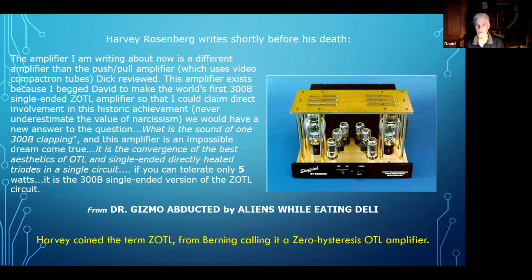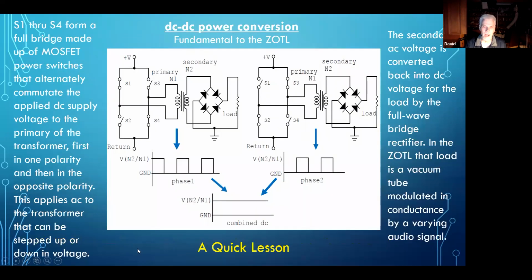He had them on his website, and this particular one was, and it's always funny what he comes up with, like Dr. Gizmo abducted by aliens while eating deli. Anyway, it's Harvey. So now we're going to get into the nitty-gritty technical stuff.